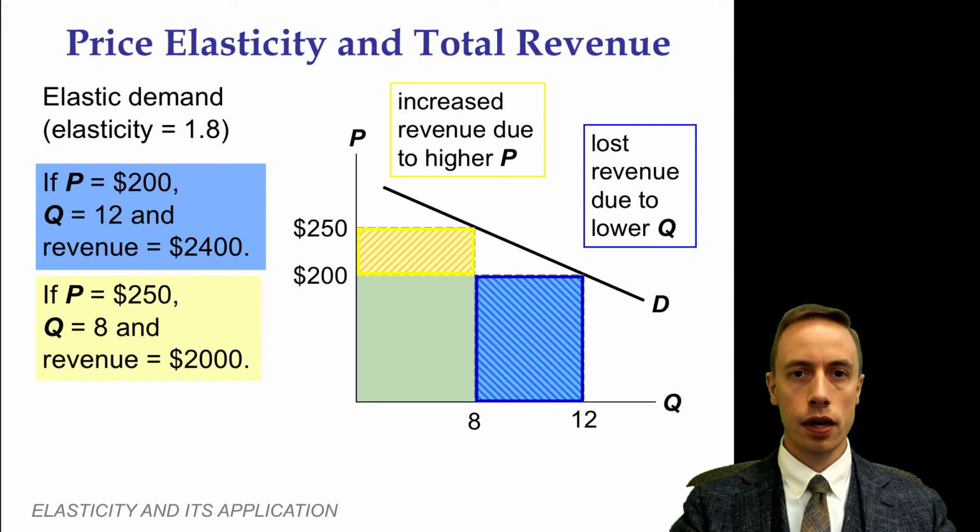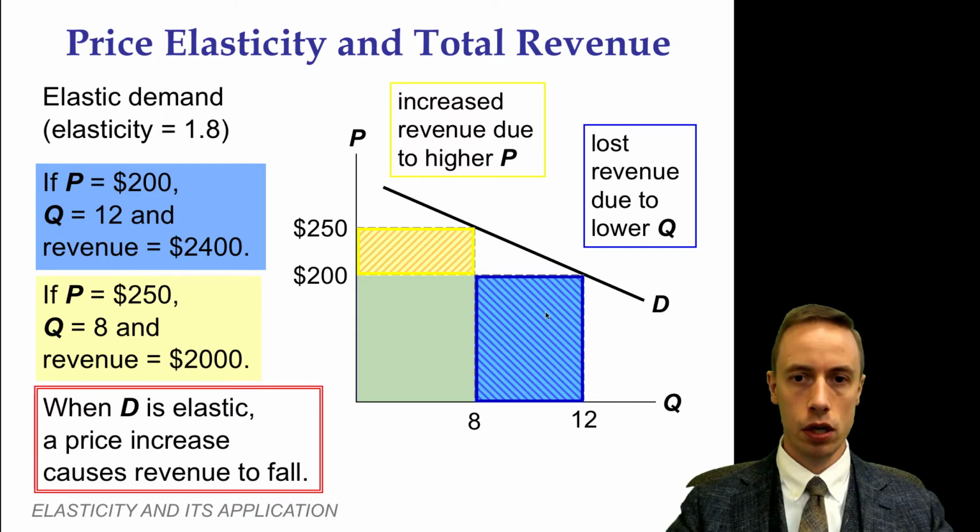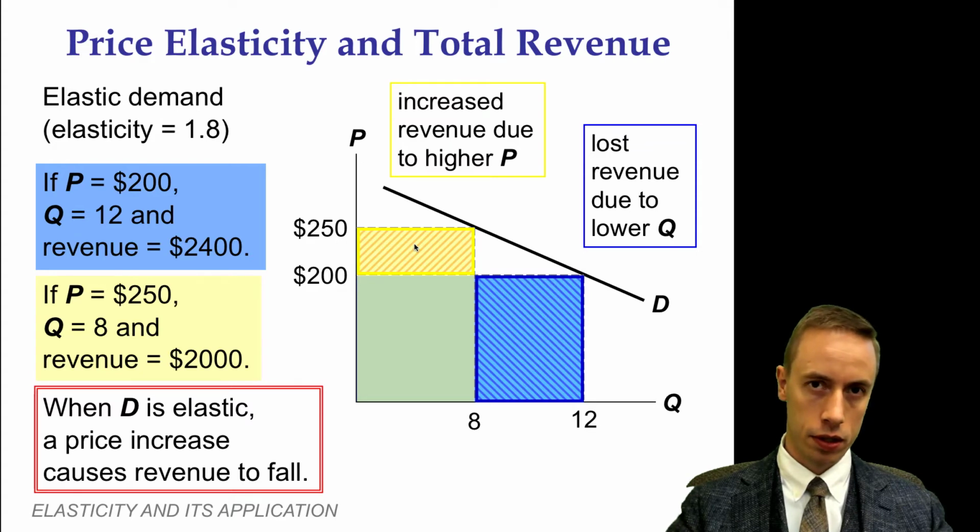This happens every time you're looking at an elastic demand curve. Anytime the elasticity is greater than 1, the fall in revenue when you raise prices from losing quantity will be greater than the increase in revenue from higher prices on existing customers. The net effect will always be negative.